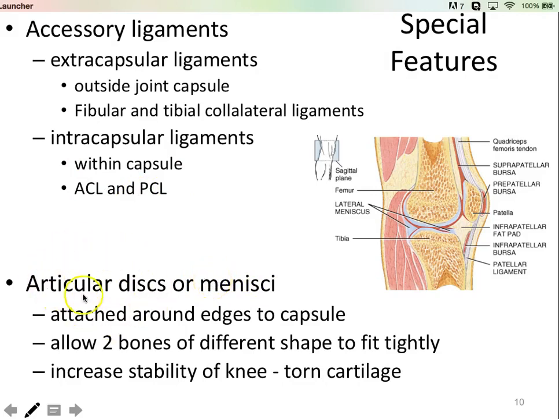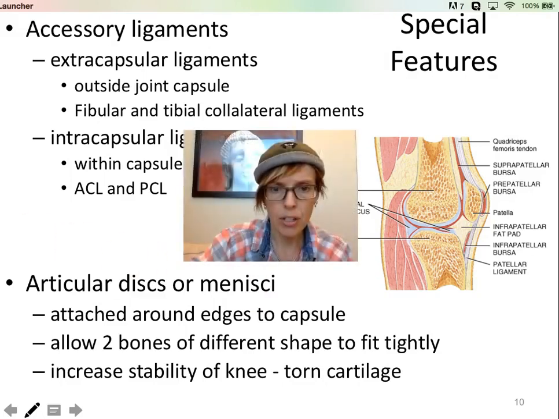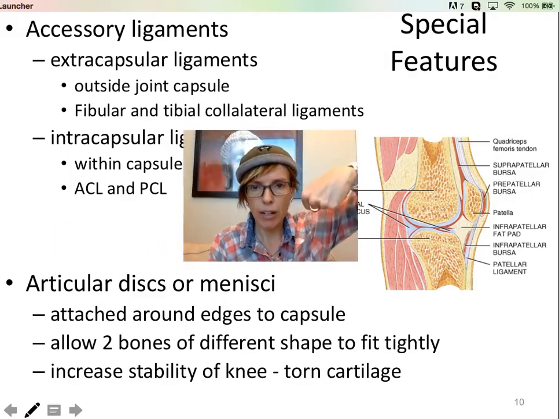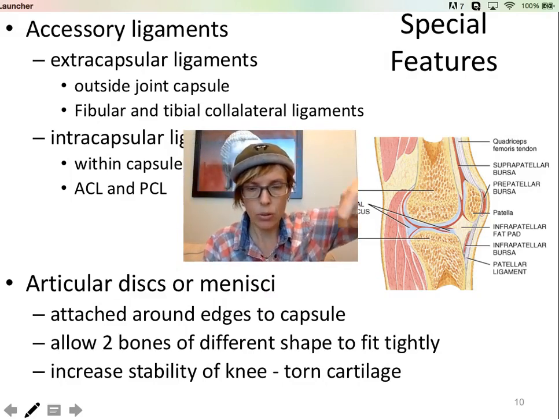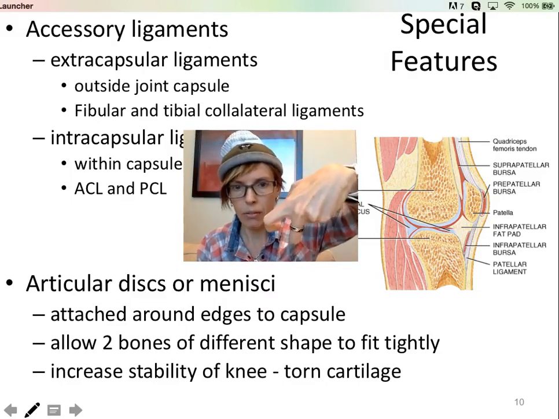You also have what are known as discs or meniscuses or menisci in your knee. Basically, if you think back to what your femur looked like and what the tibia looks like, that femur really is fairly rounded, right? If you remember, it has those condyles on it, and they're fairly rounded.